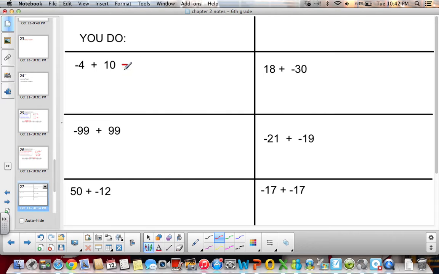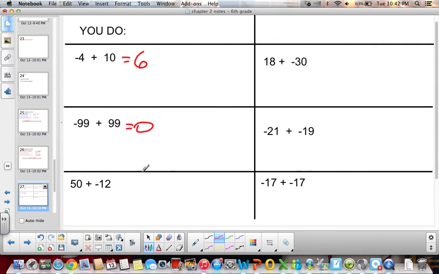Okay, -4 plus 10 is 6. -9 plus 99 is 0 because they're opposites. 50 plus -12 equals 38. 18 plus -30, so we're starting at -30.